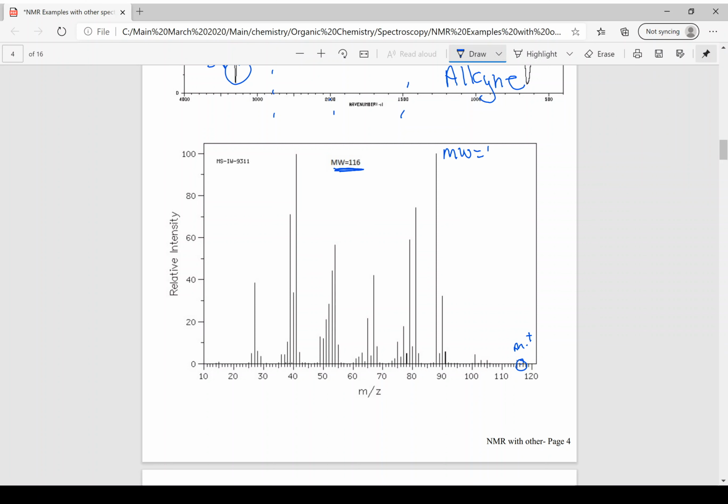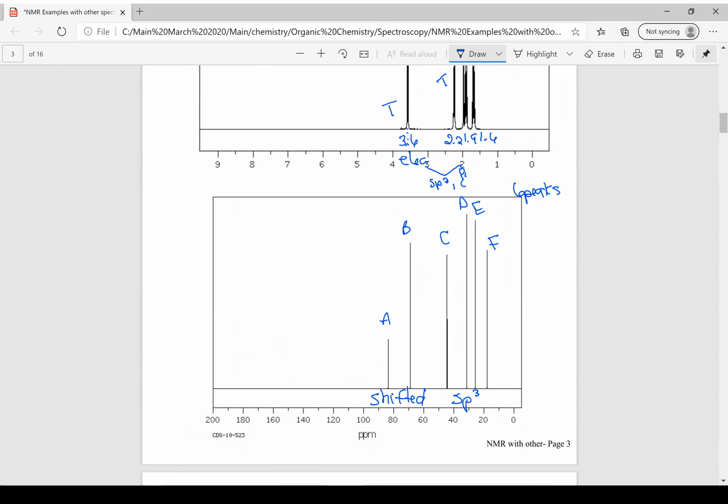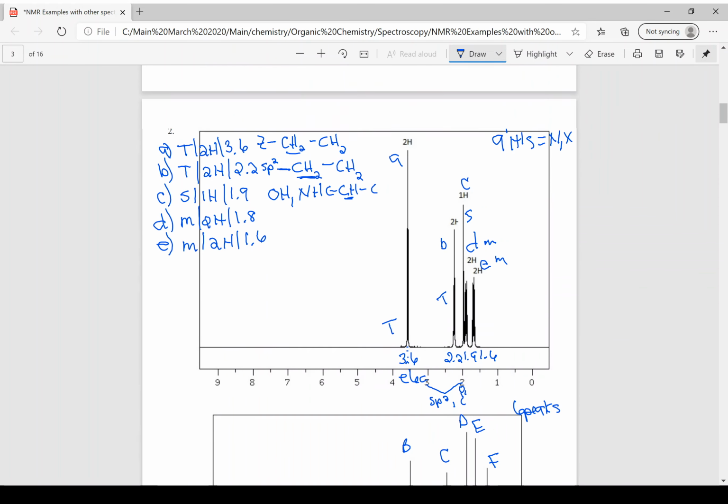And what can I glean from this? Well, 116. I did not have any indication of anything crazy from my other structures. So let's go up here. An alkyne wouldn't really help me in the mass spec. The carbon 13 didn't really help me in my mass spec.